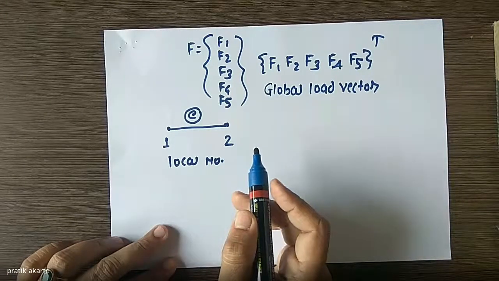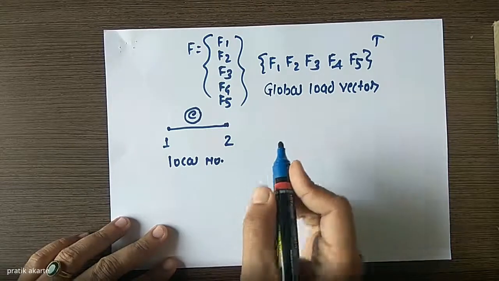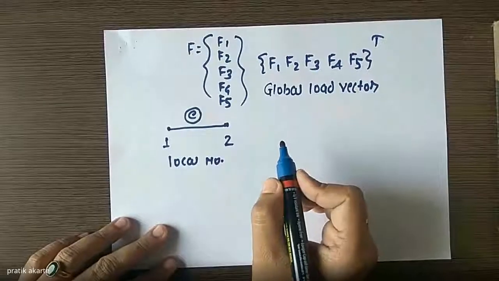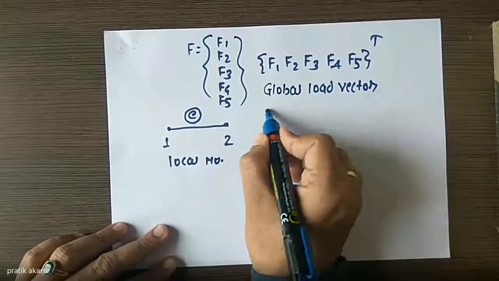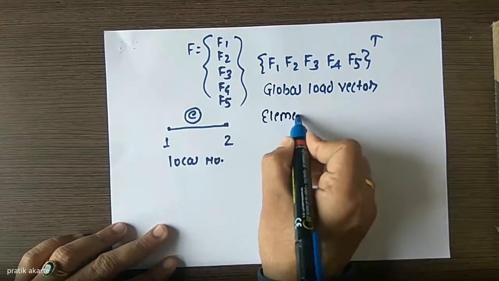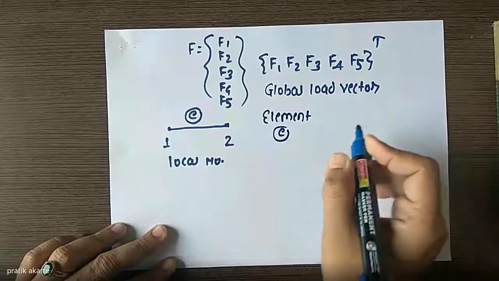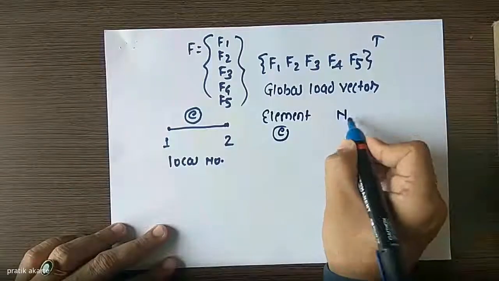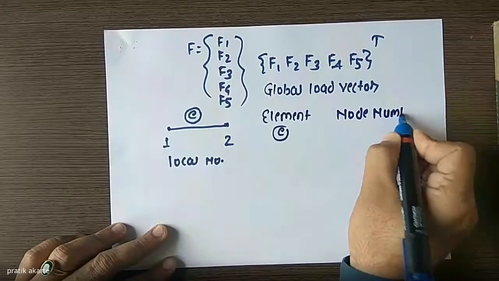Now we'll try to establish the element connectivity table for your structure. So we have element E, and in the second column we'll have the node numbers.